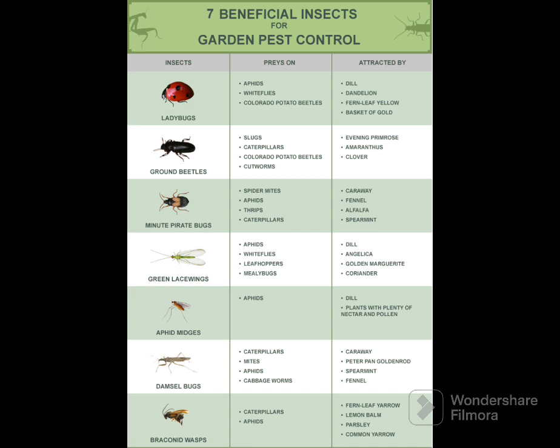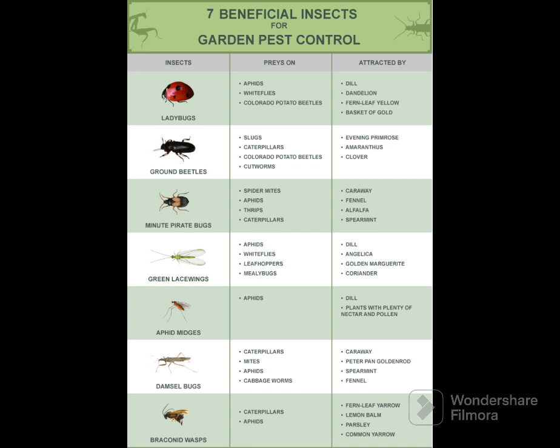Here we're using some beneficial insects such as the ladybirds, or some people call them ladybugs, that can actually control some aphids, whiteflies, and Colorado potato beetles. We also have some ground beetles, and we also have some minute pirate bugs, and we have the green lacewings, and we have the aphid midges.